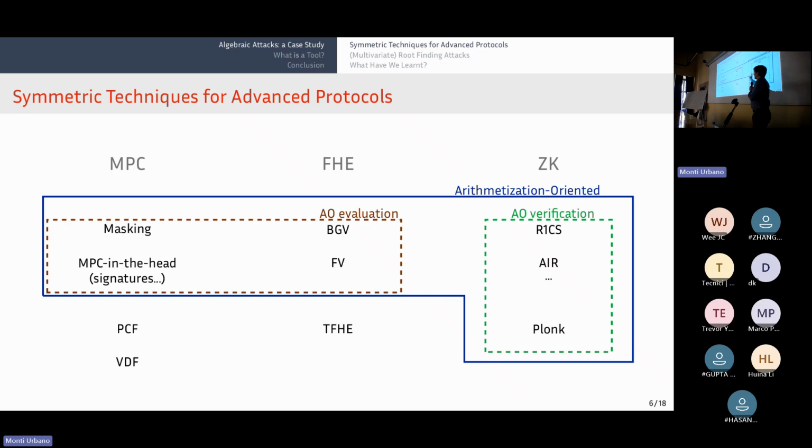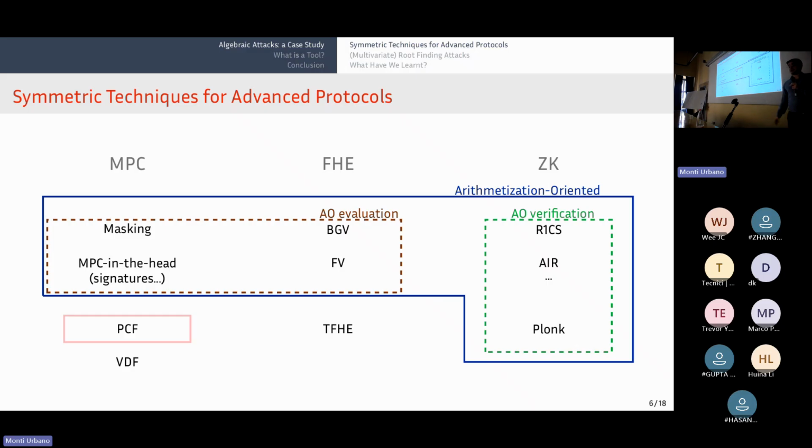If you have an efficient arithmetization of evaluation, you will of course have an efficient arithmetization of verification, because to check that the relationship between y and x holds, you just evaluate the function on x. It will be efficient because you're in the brown part. And then you check that you indeed get the correct output. But this can be very different: the green part does not imply the brown part.